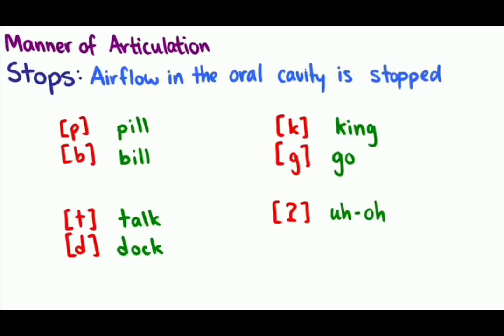But what's really more important when learning sounds is the manner of articulation. So every sound has a place, a manner, and a voice. Manners are the different types of sounds, and this is what the airflow is essentially doing.